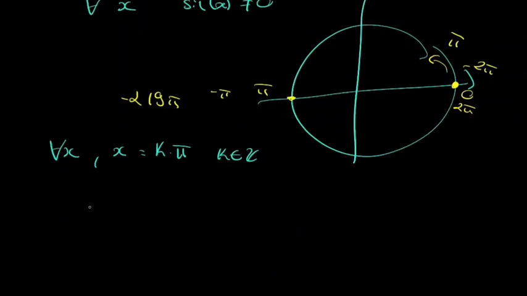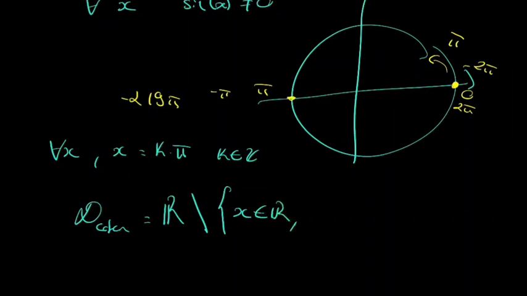So the domain of definition of cotan is equal to all the possible values of x, so R, without, the backslash is here to say without, all the x's in R such that x is equal to k times pi, with k a relative integer. And this is the right answer.